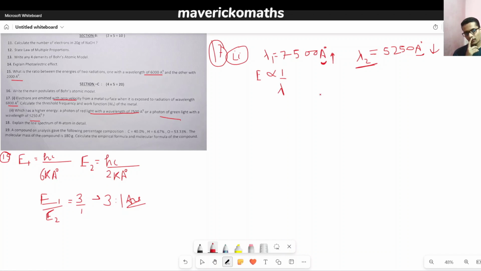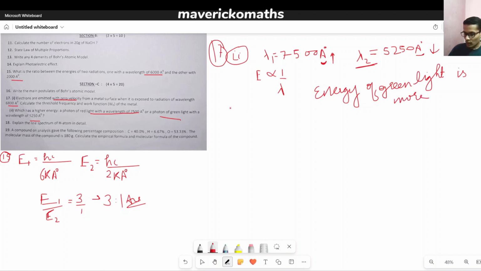So simply the energy of the photon having green light will be more. Energy of green light is more.